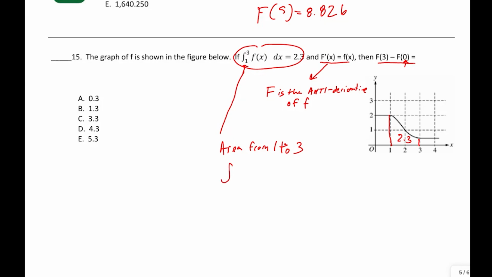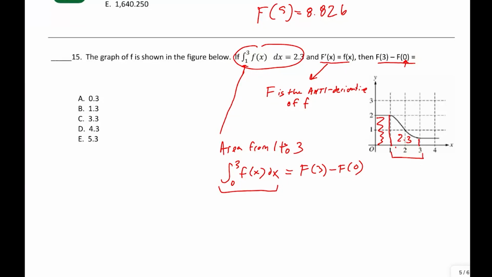So if I were to write that integral from 0 to 3, f of x dx, that would equal capital F of 3 minus F of 0. And so, yeah, capital F of 3 minus capital F of 0 is going to be the total area under this curve. And so, like you can see, if part of it's 2.3, the other part is just going to be like this extra 2 units. So this integral is going to be that 2.3 plus 2.